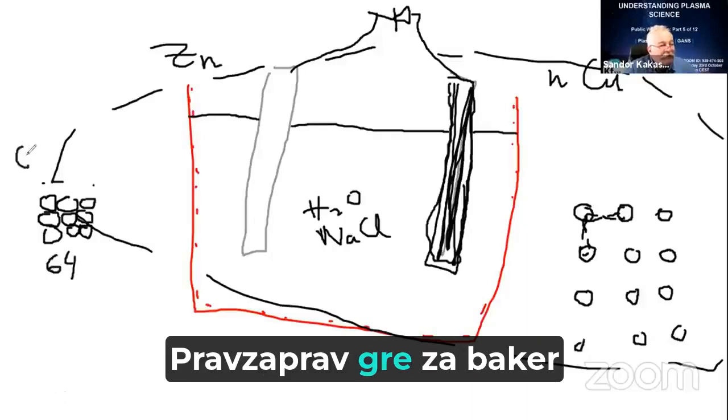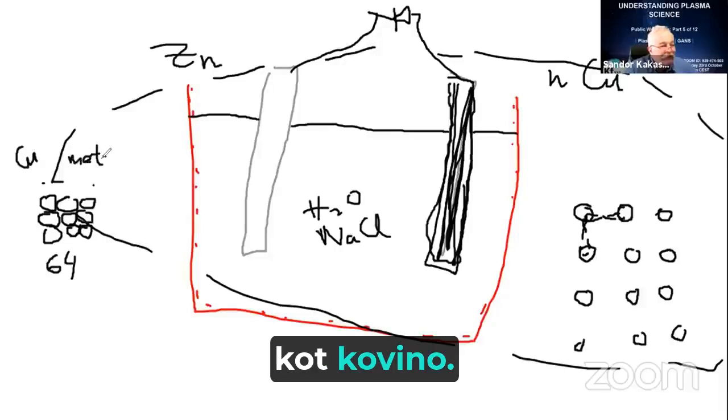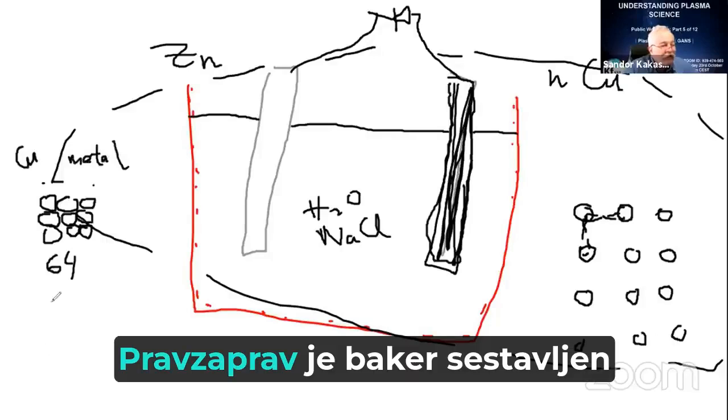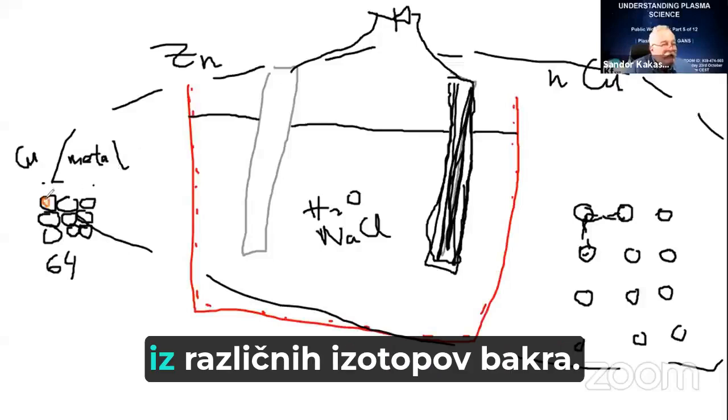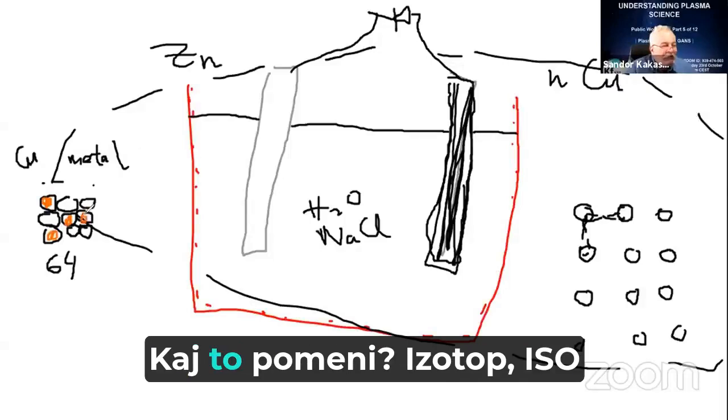Actually, copper as a metal is made of different isotopes of copper. What does it mean, isotope?